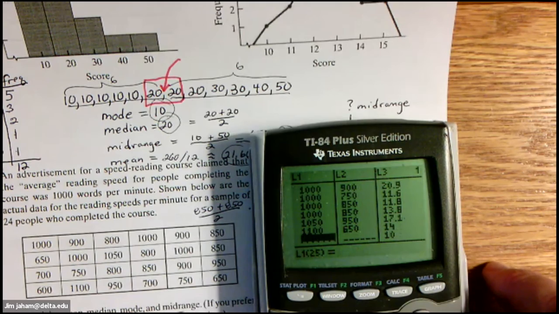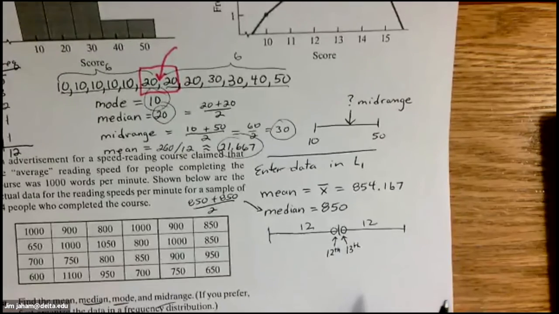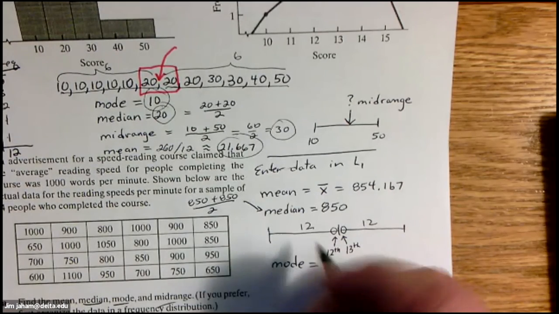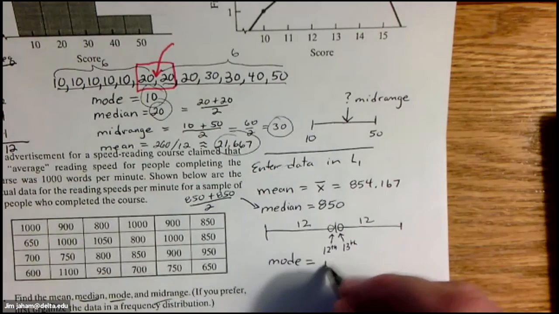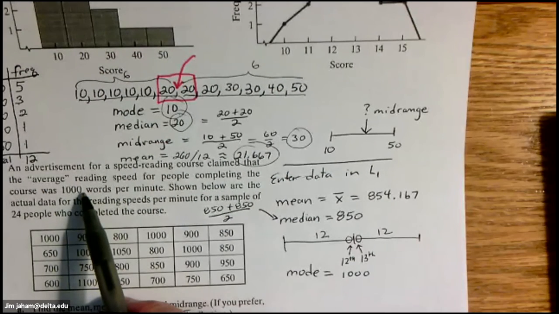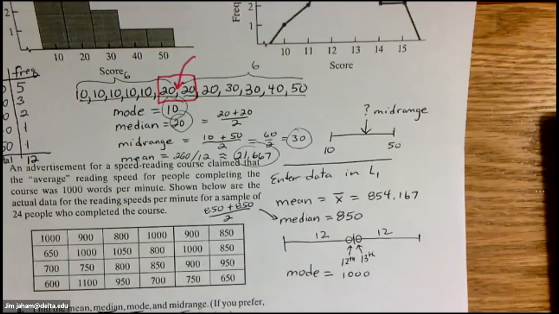So what is the mode? Most frequently occurring data value. Thank you. 1,000. So it must have been the case that when they said average, they used the mode, which is never one that we would use. You know, most people score lower than the 1,000, as you can see. So it's somewhat false advertising.